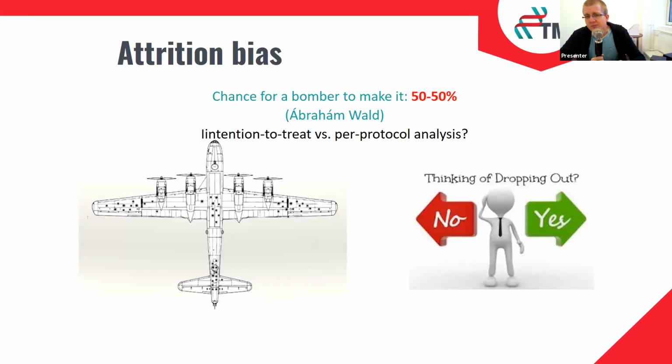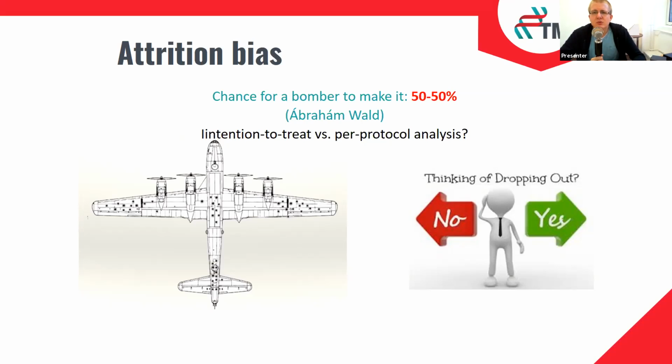So probably from that arm, more women will withdraw consent, or more women will drop out simply compared to the old drug. In this case, the distribution of genders will not be equal across study arms at the end of the study, while it was equal at the beginning of the study since the study was randomized. So that's what we call attrition bias, non-random dropout from the study arms.